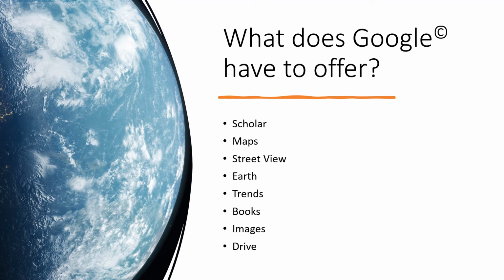So what are all the things that Google has to offer? Well, I don't have an exhaustive list because they always come up with different things, but here's some others. They have Google Scholar, Google Maps, Google Street View, Google Earth, Google Trends, Google Books, Google Images, and Google Drive.